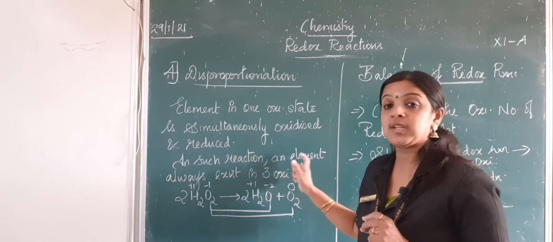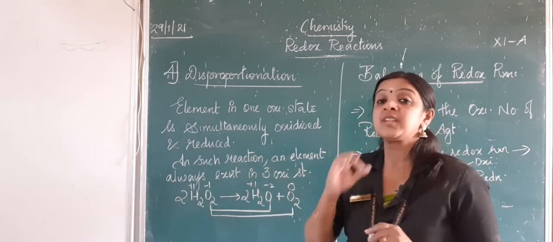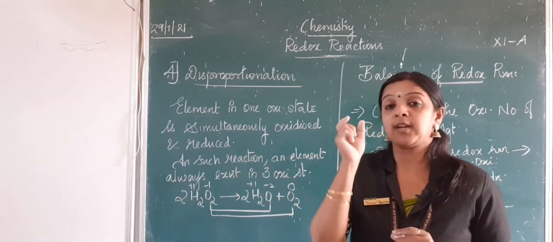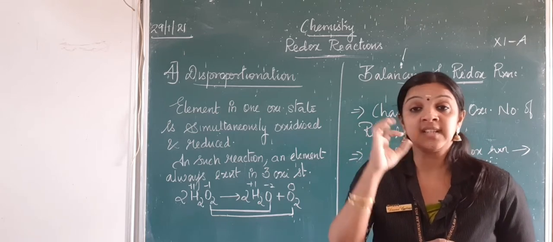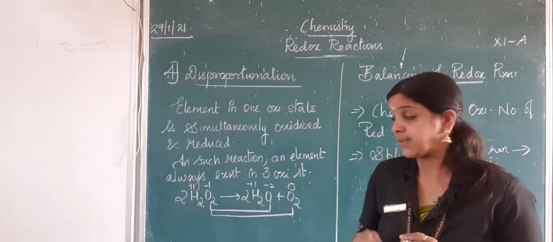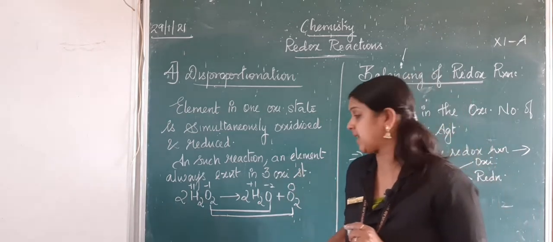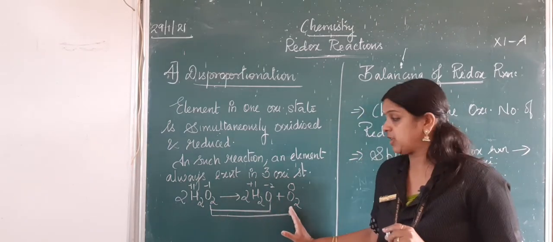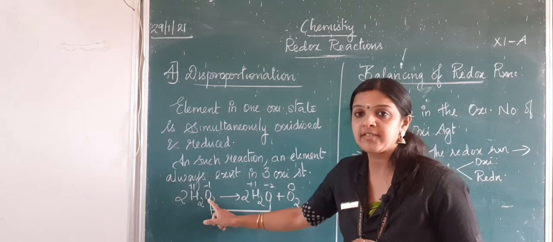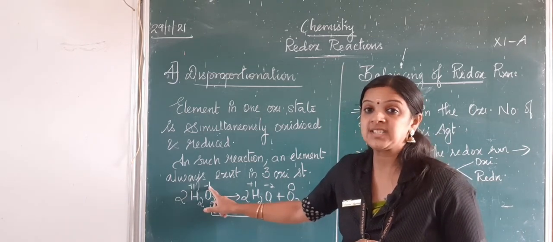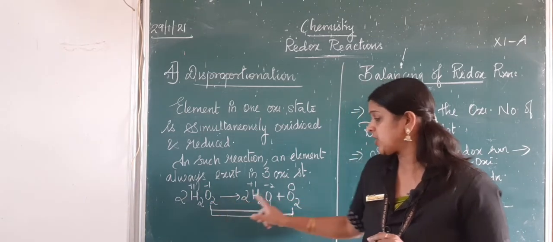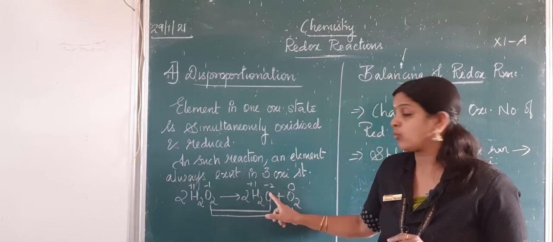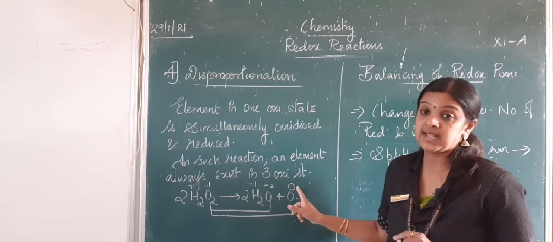In such a reaction, an element can exist in 3 oxidation states, that is, one particular element will possess 3 different oxidation states. Consider the simple example, hydrogen peroxide giving water and oxygen. Oxygen in hydrogen peroxide bears a -1 oxidation state, which will become -2 in water and become 0 in its elemental form.